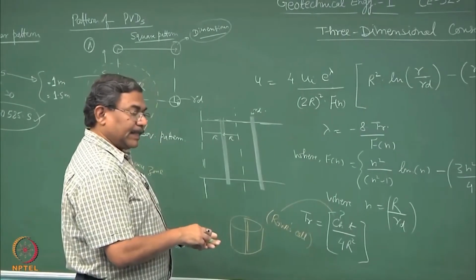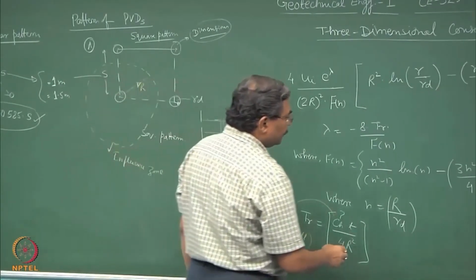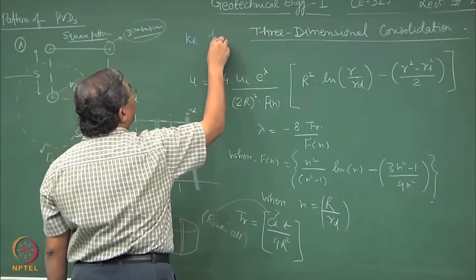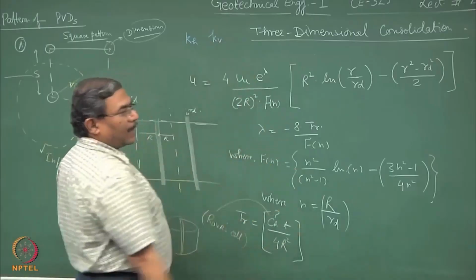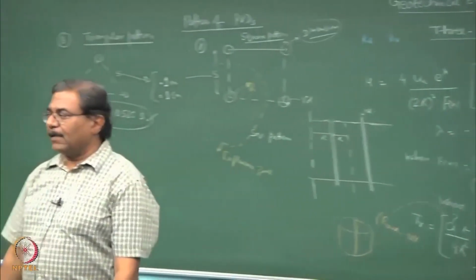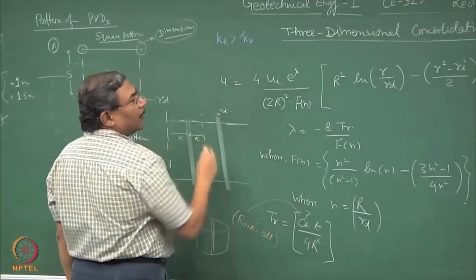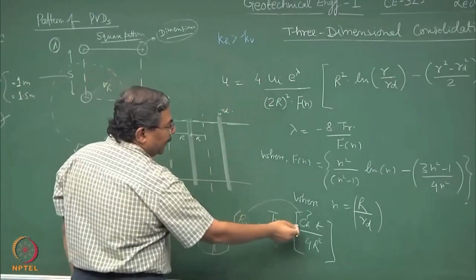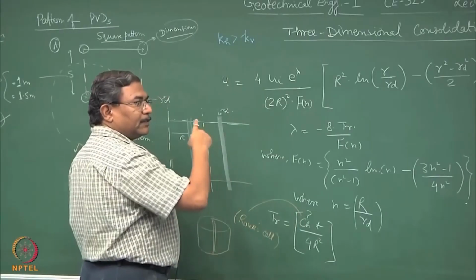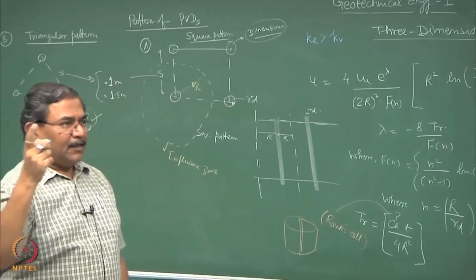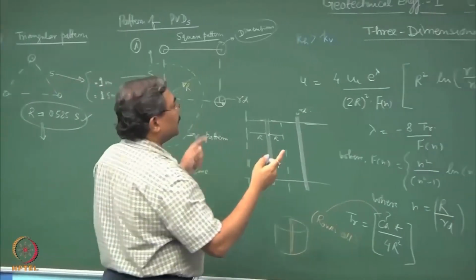Or the second way would be, we know the relationship between Kh and Kv. Which one was more? Yes, Kh is greater than Kv, and Kh controls Cv directly, because what we have seen is Cv equal to K into mv gamma w. So, for a given material mv gamma w is constant.